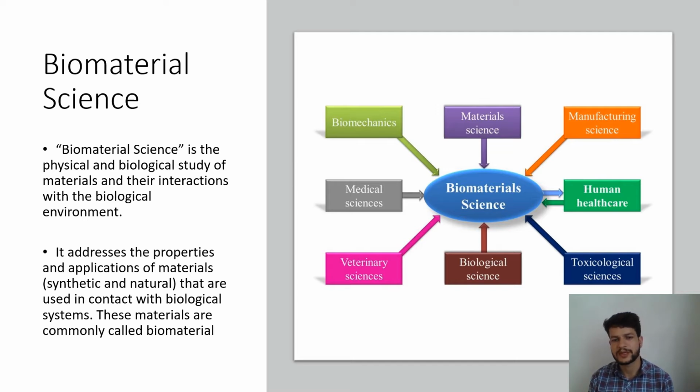Biomaterials also have applications in different fields of science like biological science, veterinary science, medical science, material science, and different manufacturing fields. Currently, most of the research groups are focusing on the synthesis of new biomaterials.